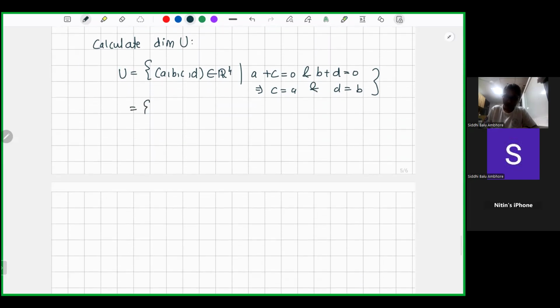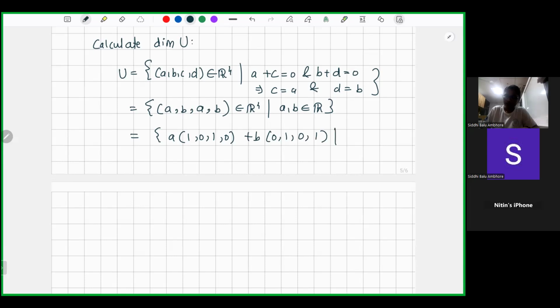So this will give me (A, B, minus A, minus B) in R4 such that A and B are in R. Let me write it again. This is A times (1, 0, minus 1, 0) plus B times (0, 1, 0, minus 1) such that A, B are in R, and that is nothing but R times (1, 0, minus 1, 0) plus R times (0, 1, 0, minus 1).